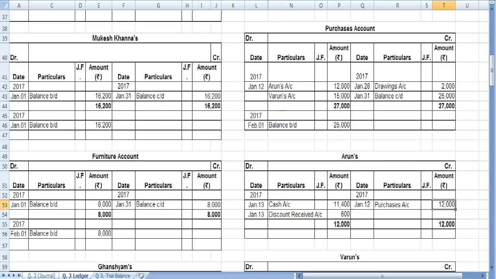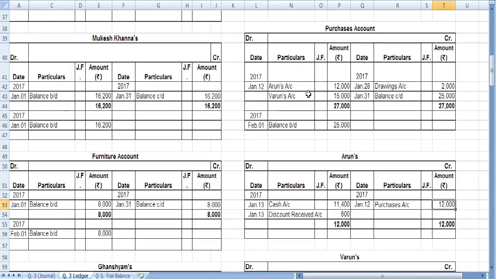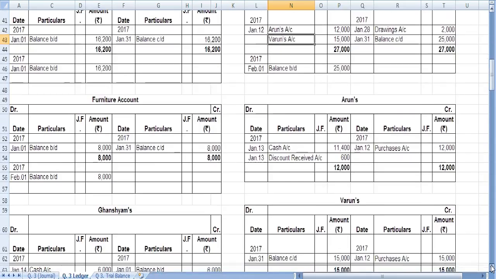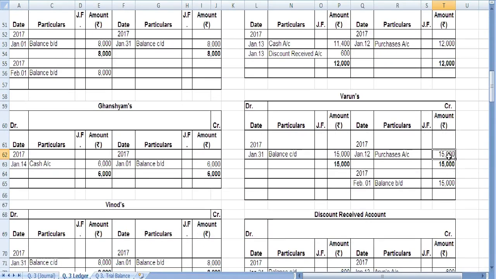Then we'll read this separately. We have purchases to Varun 15,000. We'll go to purchases, and now this will go to Varun. We'll go to Varun, and the purchases will become by, 15,000 here.